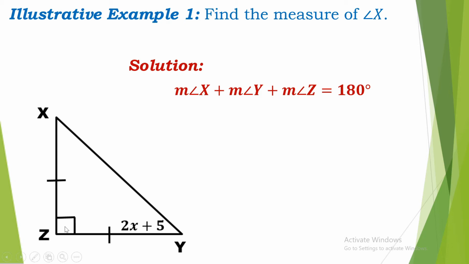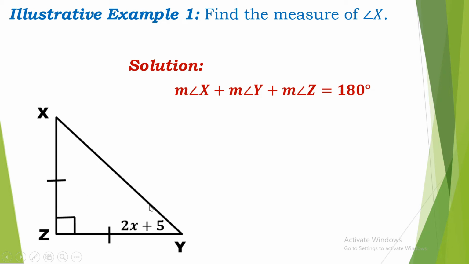Now take note that angle Z here is a right angle, therefore it measures 90 degrees. And based on the figure, segment XZ and segment ZY are congruent. So by the isosceles triangle theorem, the angles opposite those two sides are also congruent.